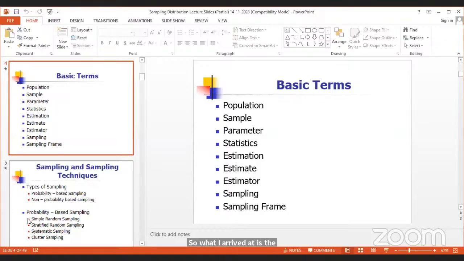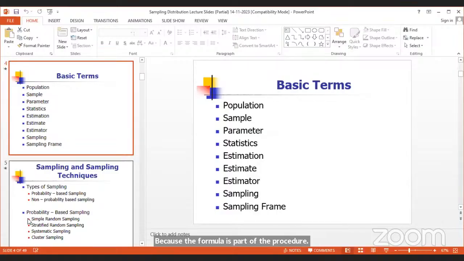Okay, and then we also have the estimator. Estimator is simply a formula. It's different from the procedure, because the formula is part of the procedure, but the exact formula that you use is the estimator.